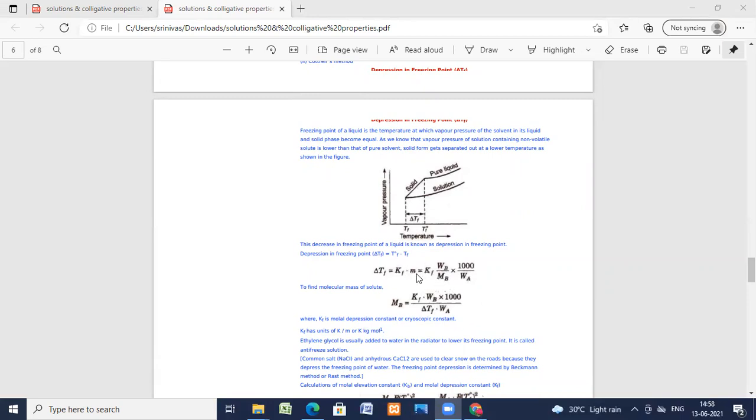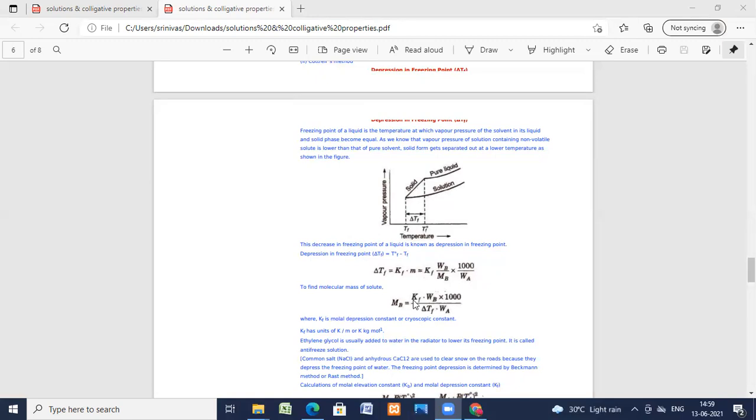After interchanging Mb and delta Tf, we get Mb is equal to Kf into Wb into 1000 by delta Tf into Wa. After interchanging, we get the molecular mass here.